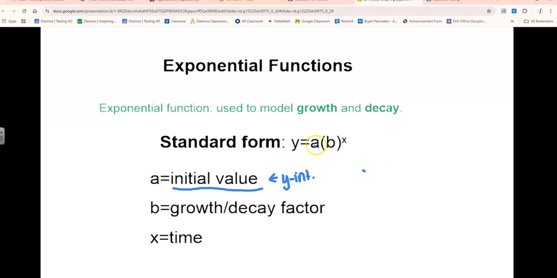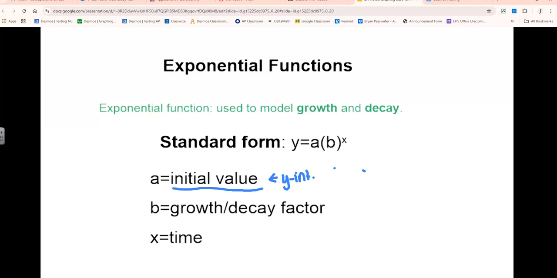B is your growth or decay factor, and your x typically is some sort of time. It may vary in what type of time. It might be your months, days, years.